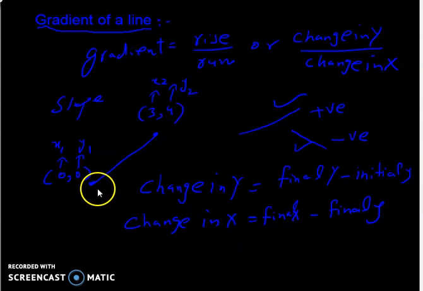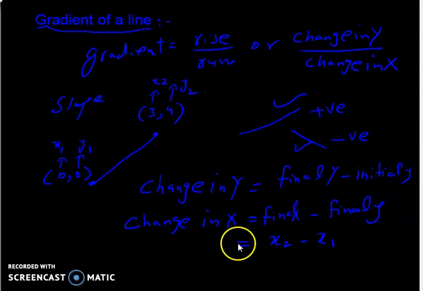If I look, my initial x was x1 and my final x is now x2. So the change in x will be the final x, which is x2, minus the initial x, which is x1. And my initial y is y1 and final y is y2.